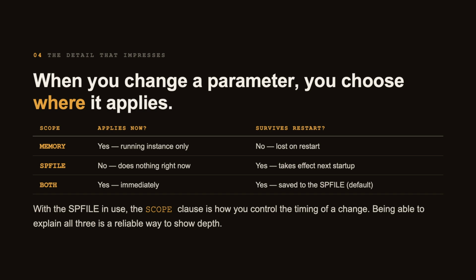And scope equals both, which is the default for dynamic parameters, applies the change immediately and saves it for future restarts. Being able to rattle off those three, what each does now versus after a restart, is one of the most reliable ways to show real depth in this whole topic.